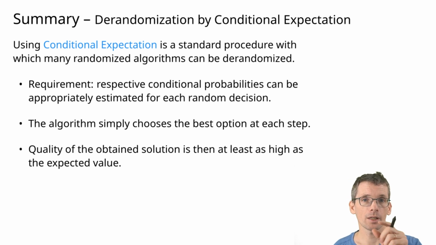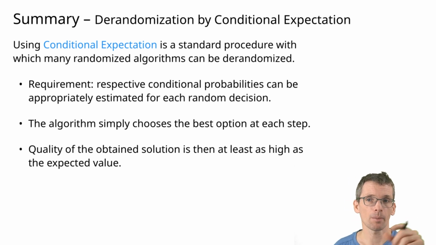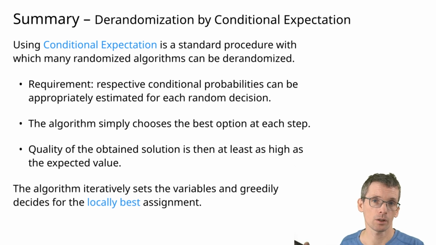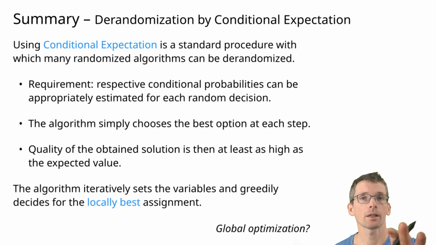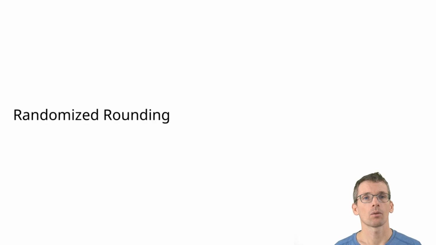But all of these decisions, since we're doing this step by step, are, you could say, a local decision. Now we want to do something more global, and for that we're going to see randomized rounding.